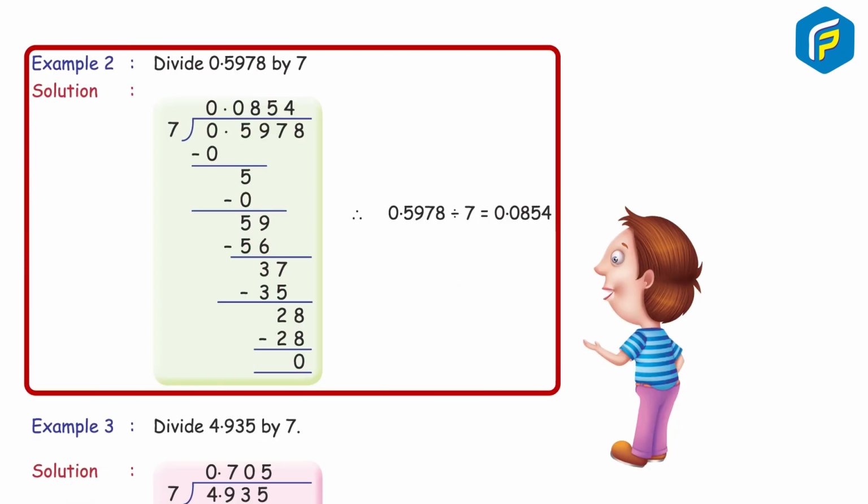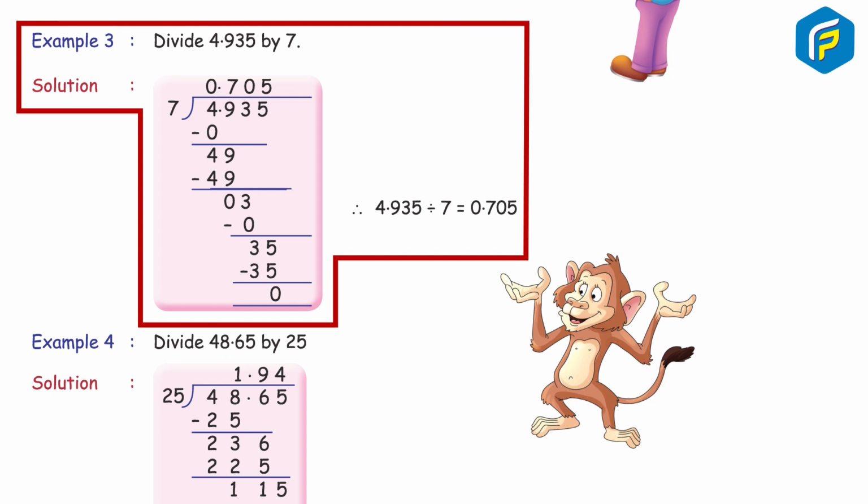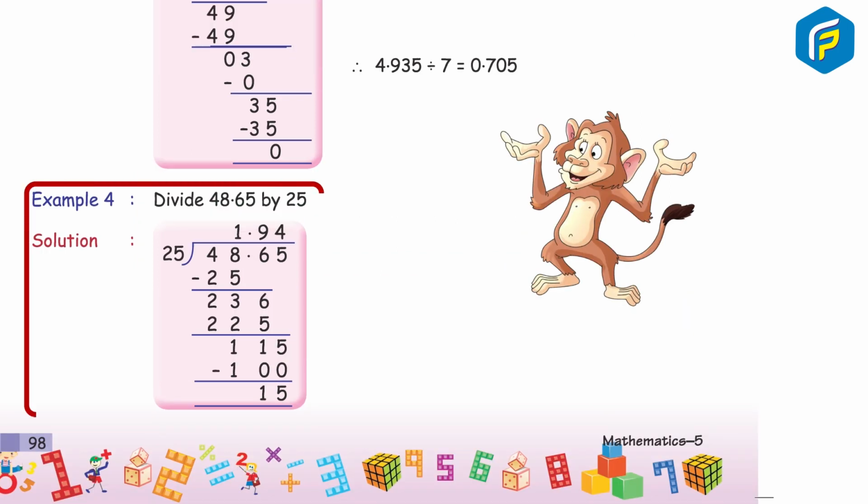Example 2. Divide 0.5978 by 7. Solution. 0.5978 divided by 7 equals 0.0854. Example 3. Divide 4.935 by 7. Solution. 4.935 divided by 7 equals 0.705. Example 4.